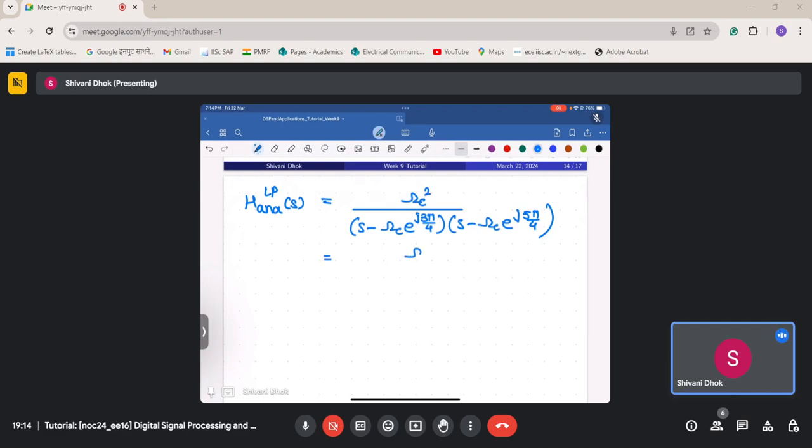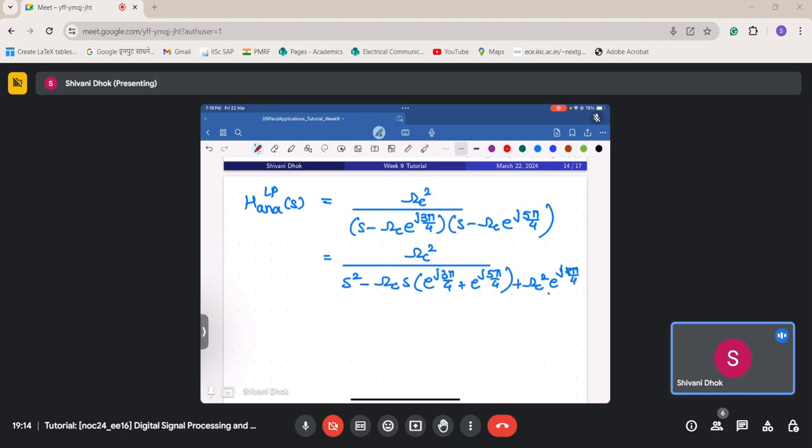We have omega c square upon s square minus omega c s into (e power j 3 pi by 4 plus e power j 5 pi by 4) plus omega c square into e power j 8 pi by 4.